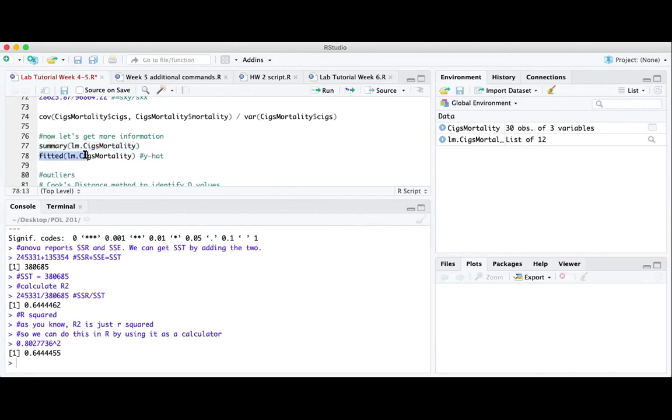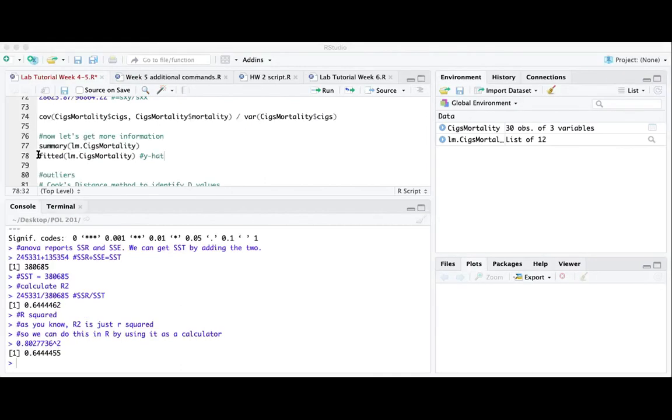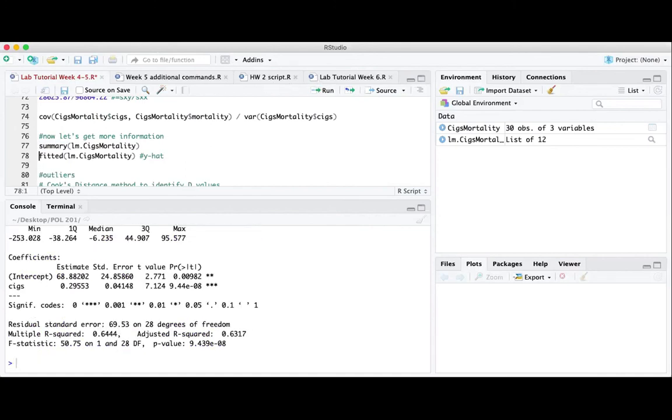Like for instance, you can get the y hat values by using the fitted command, or you can get more information by using the summary command. So now I'm gonna run the summary command. All right, summary of my LM6 mortality list.